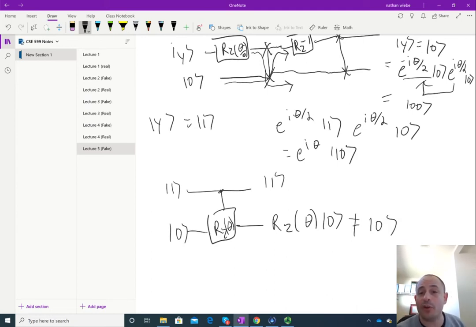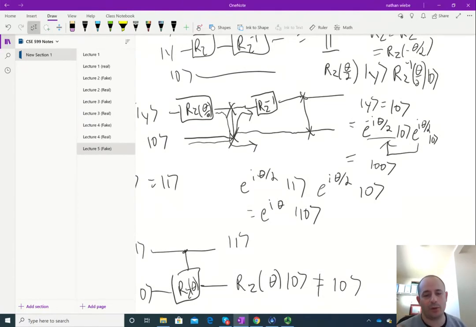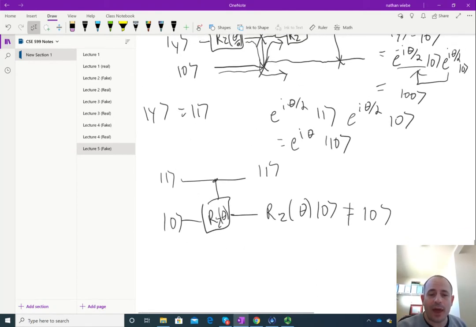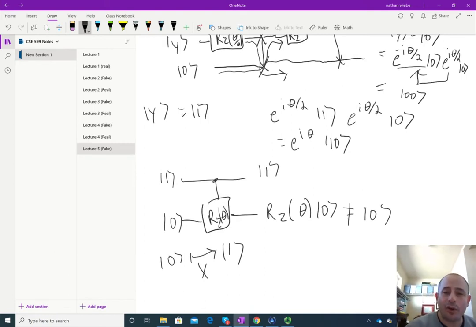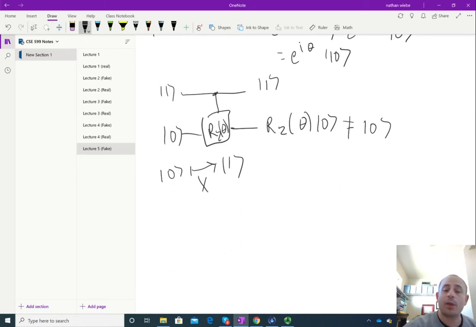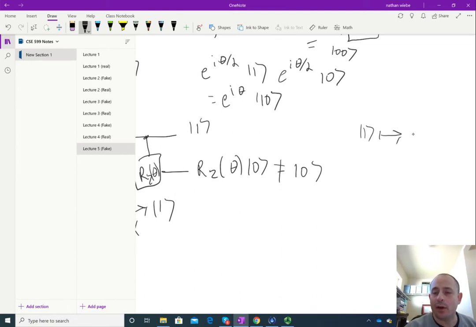Because the only thing that we ended up doing over here is switching the phase for the 1 component. So we can do this actually by noting that if we apply a NOT gate, we can map 0 to 1 through a single application of the X. So what that means is that we can combine these two together to first update 1 to e to the I theta over 2, 1.